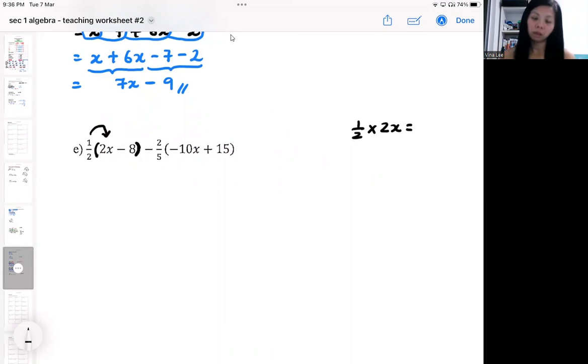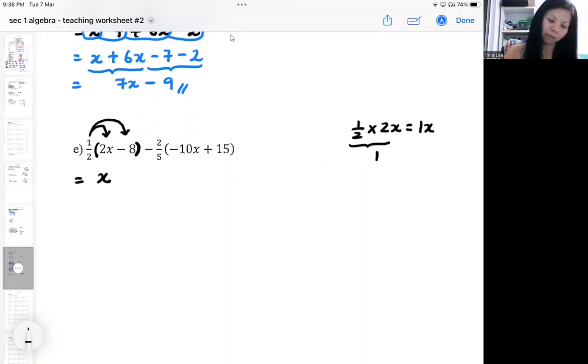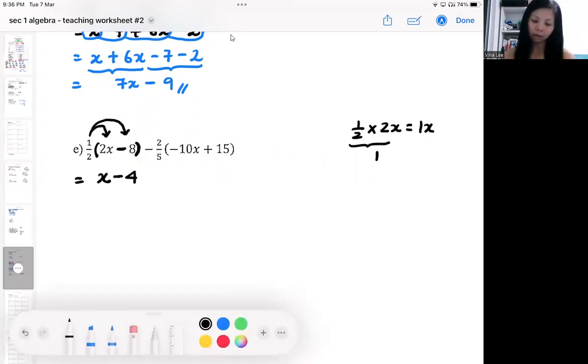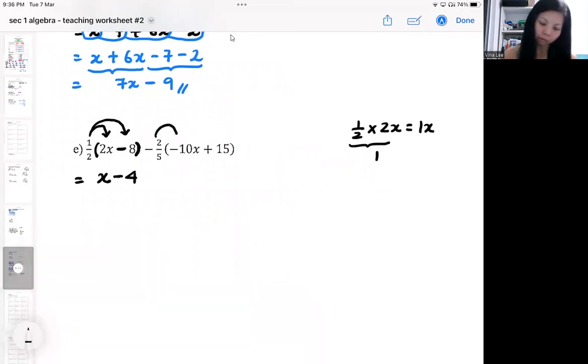You punch calculator, half times 2 is a 1. So you actually get 1x. 1x is just x. Half times -8 is a minus. You punch calculator, you get a -4. So you don't need to be affected, whether fraction or decimal. You still do the same thing. The technique doesn't change. You are still doing a multiplication.